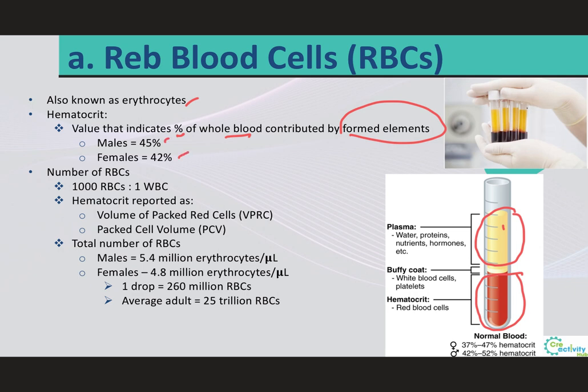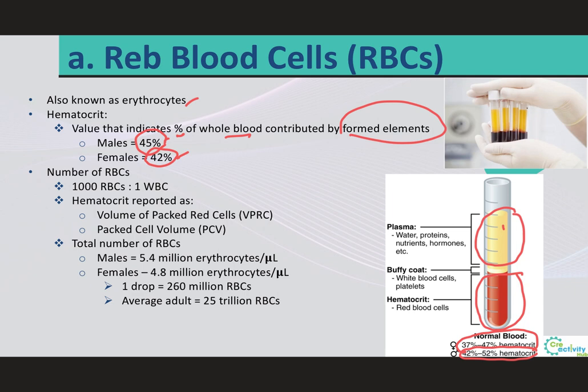For males, the average is 45%, with a range between 42 and 52%. And in females, the average is 42% with a range between 37 and 47%. So pretty close to half of the total volume.